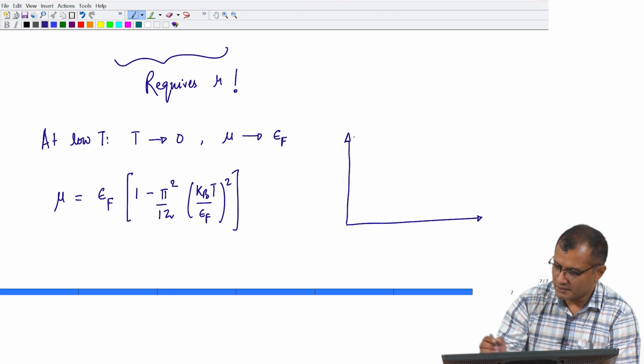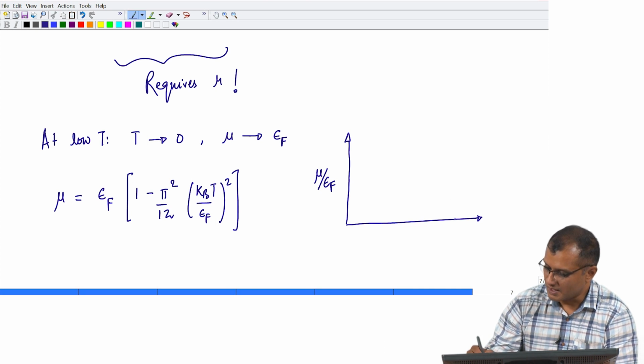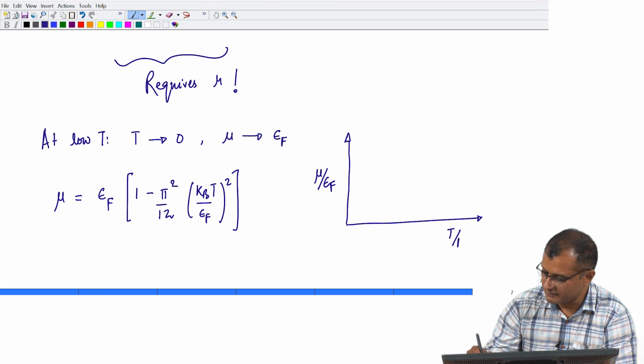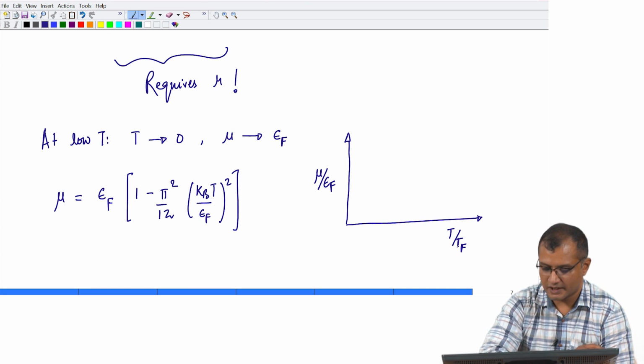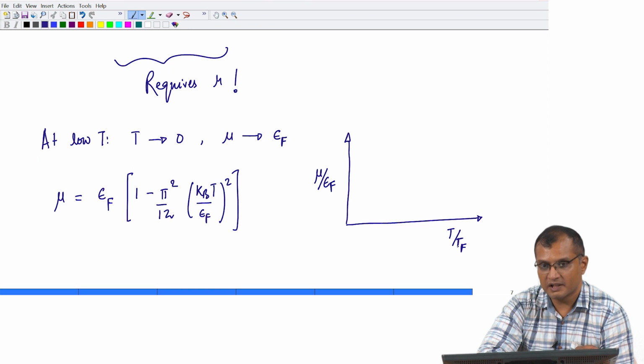So, if I plot the chemical potential over the value at t equal to 0 as a function of T over Tf, okay, because I can take my kBT over Ef as T over Tf.